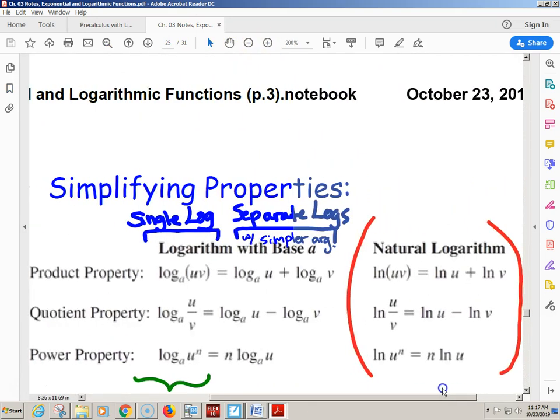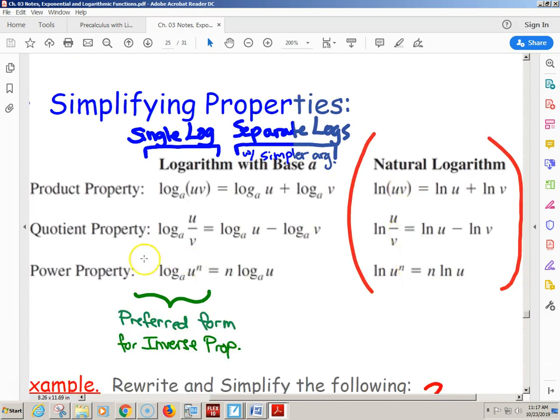I wrote the whole single versus separate, but what's the green note I added in the pre-cal notes? If I want to get rid of a log, I don't want to do it with it all split up, because I'm going to make horrible mistakes because I'm going to forget these exponent properties as soon as I throw a base in. I'm going to forget that addition comes from multiplication, subtraction comes from division. It's much better to get it as a single log first and then try to undo.